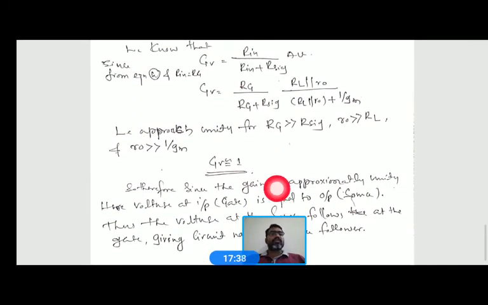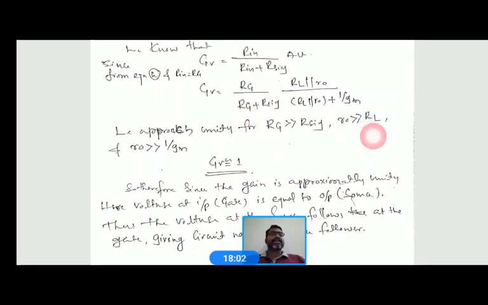If you want this gain to approach unity, in many configurations Rg is greater than R signal. If Rg is greater than R signal, R signal is negligible here, so Rg cancels and this term becomes 1, right?